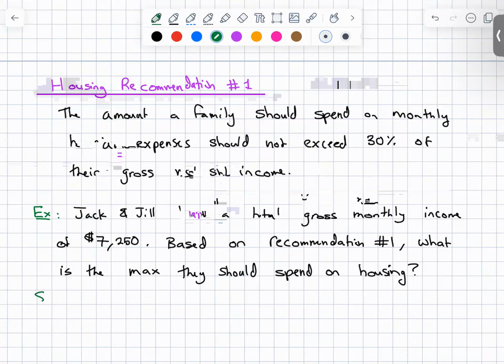Obscenely long problem statements, I know. Jack and Jill have a total gross monthly income of $7,250. Based on recommendation number 1, what is the max they should be spending?